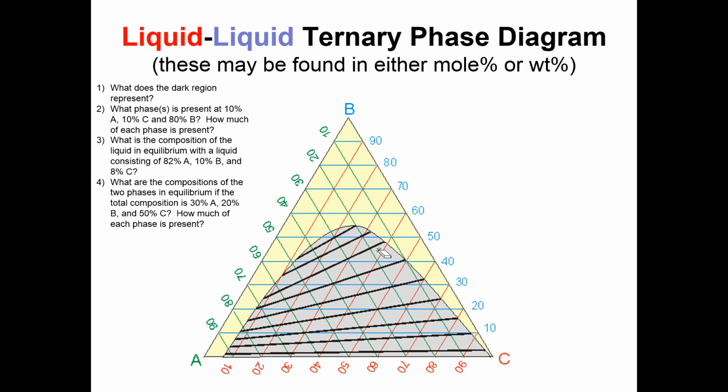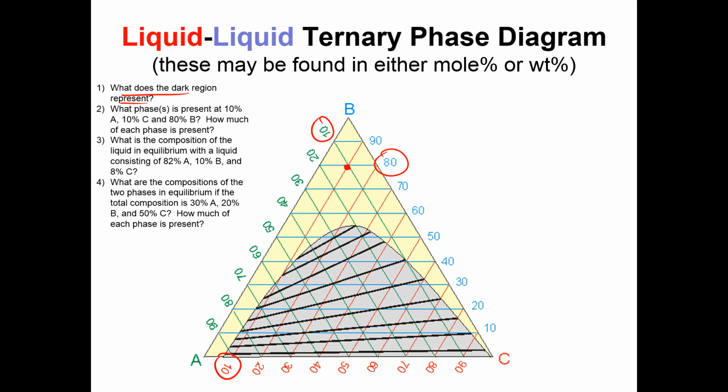So the dark region is a two-phase region, and what phase is present at 10% A? I'm going to come here to 10%. Along this line is going to be 10% A, and then 10% C as well. So this is 10% C, and then 80% B. So I'm going to be right at this point.